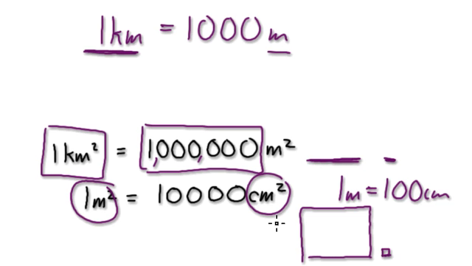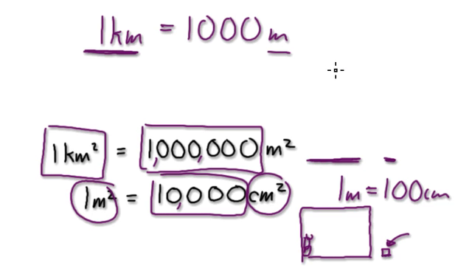So this whole thing here is 1 meter squared, and this here is 1 centimeter squared. What we're saying is that there are 10,000 of these little squares inside this big square here.